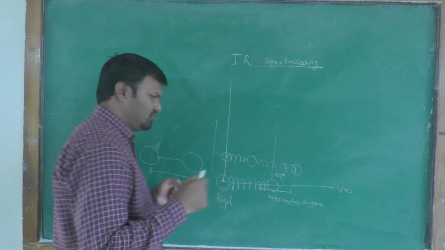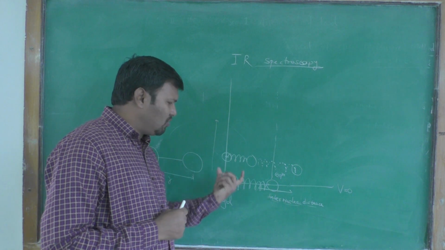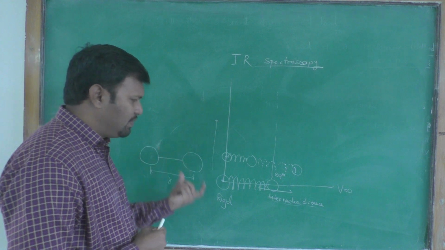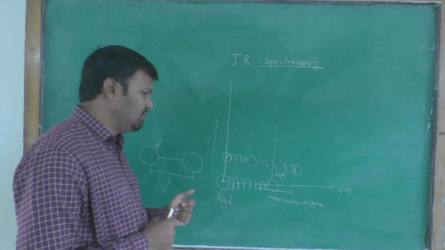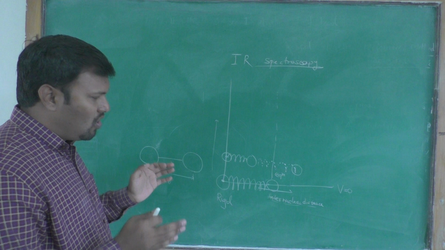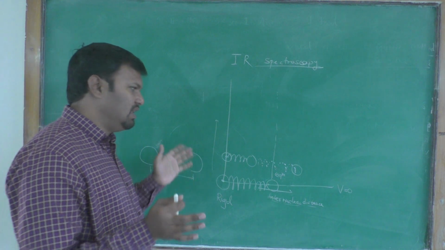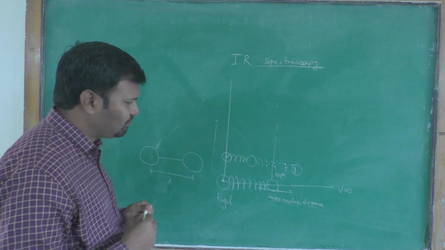It may stretch or compress. We consider the molecule as two atoms joined together by a spring. The first end is rigid, only the second atom is vibrating, and due to that its internuclear distance increases or decreases. Due to that, some energy is stored in the molecule, and that level has higher energy.